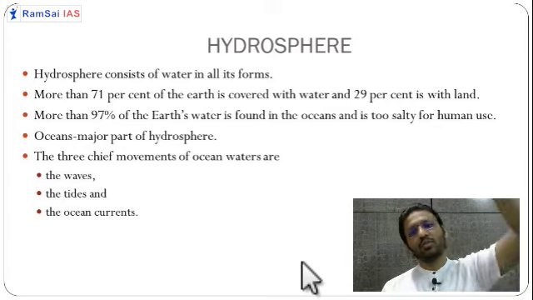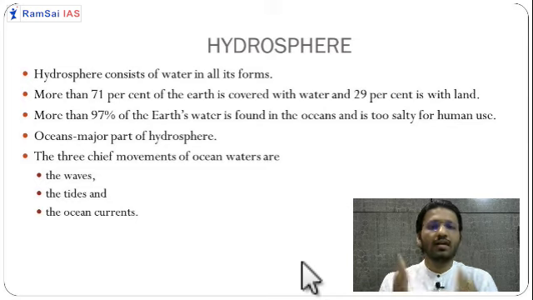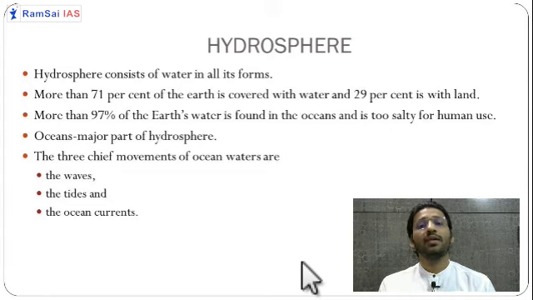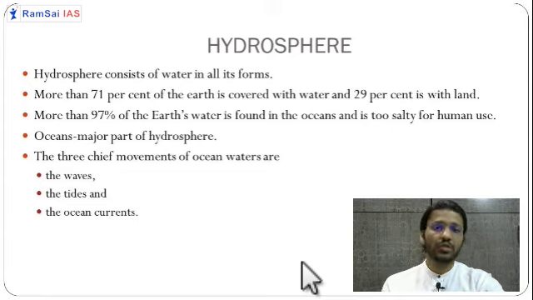Tides are the vertical movements of the oceanic water, and currents are the horizontal movements of the oceanic water. In this way, oceanic water keeps on moving continuously. It is not stagnant water. So the oceanic water movement is very important, which we are going to see in oceanography as we move beyond NCERTs.